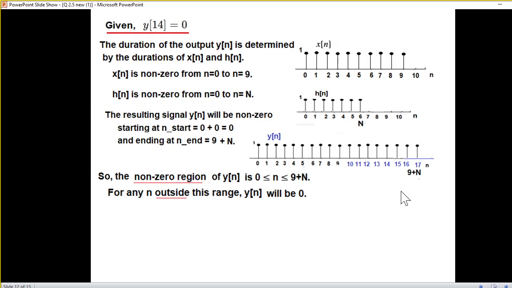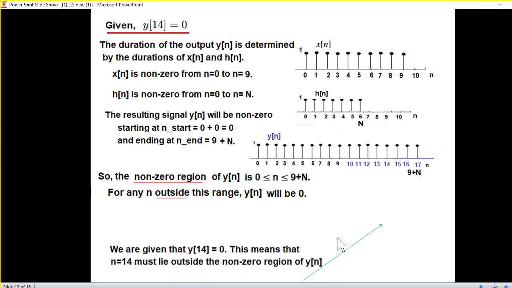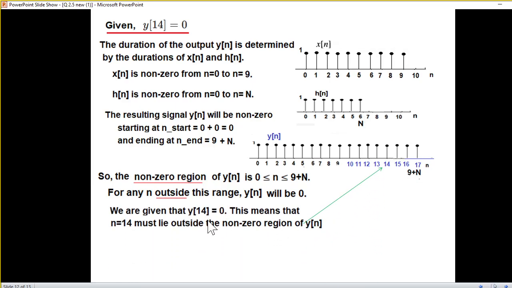And anything outside, that means yn will be 0 outside this range of 9 plus n. Now in our case, it is saying that y14 is 0. That means this has to be 0. That is the given condition. That means our assumption is wrong. And that means we have to cut these two. And we also have to cut this. You have to move this here.